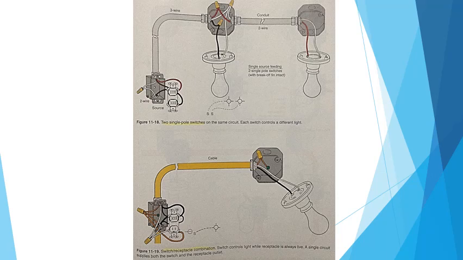Each switch controls a different light. 11-19 Bottom, switch receptacle combination. The switch controls lights while the receptacle is always live. A single circuit supplies both the switch and the receptacle outlet.